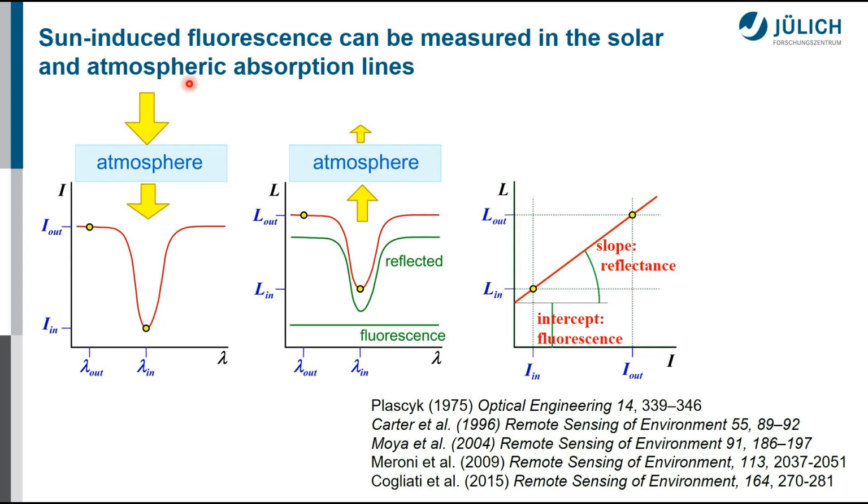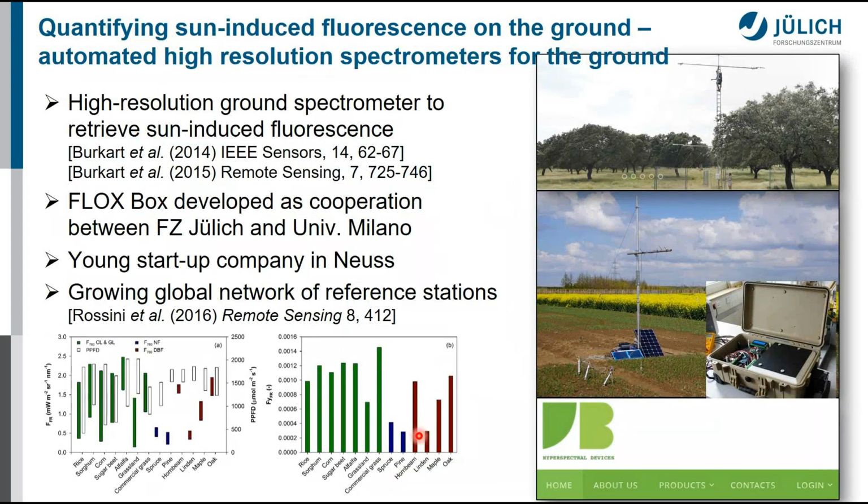This method, the so-called Fraunhofer line detection, was already discovered in the 70s, described in Russian, and then forgotten again for 15 years, and then revisited at the beginning of the 2000s by some American and European scientists.